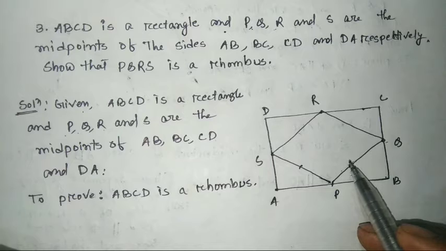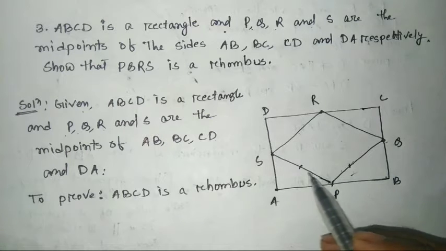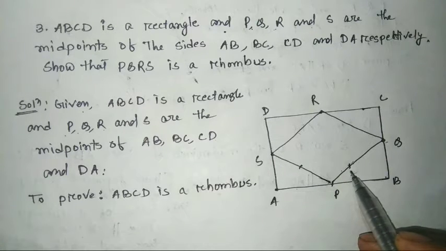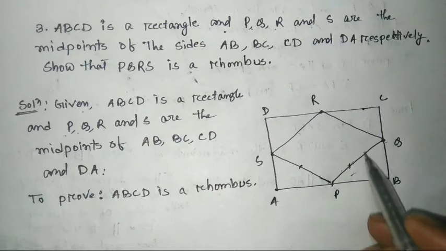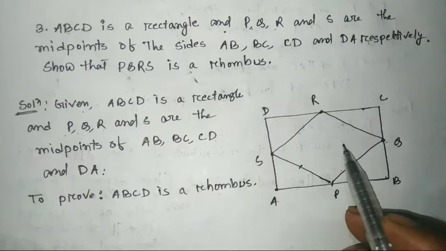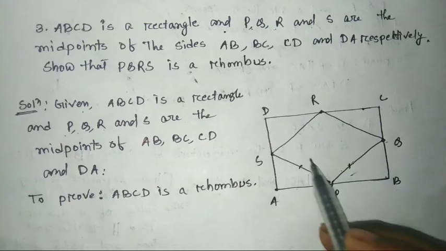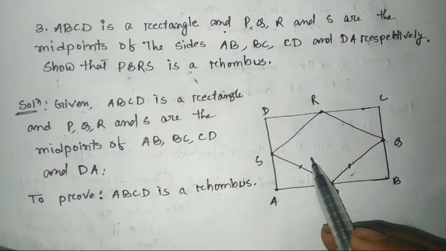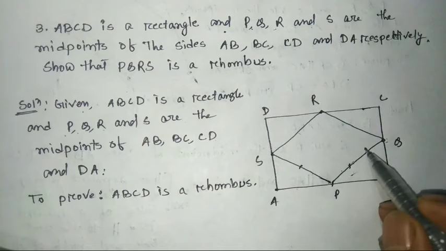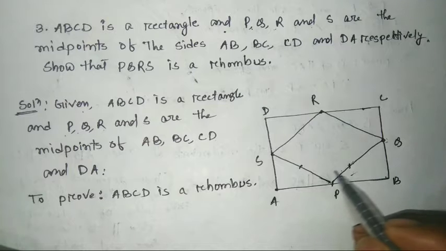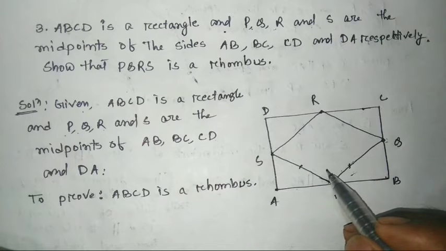So if we can show that one pair of adjacent sides are equal, then it is sufficient to prove that PQRS is a rhombus. Before that we have to prove that PQRS is a parallelogram. So first of all, we have to prove PQRS is a parallelogram, then we will prove that one pair of adjacent sides are equal.